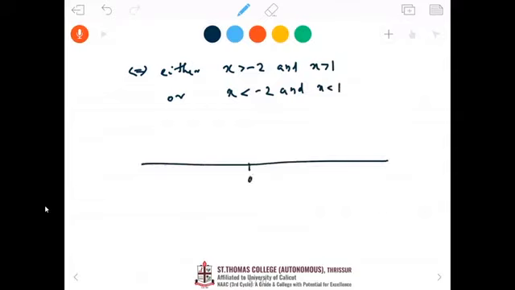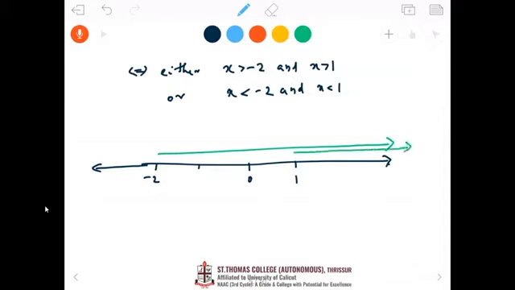So 0, 1, minus 2. This is our real line. The first case is that x is greater than minus 2, and x is greater than 1, and here I have and.